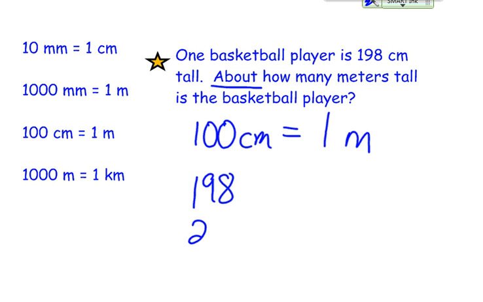So we can make that about 200 centimeters. And so 200 centimeters would be about how many meters? It would be about 2 meters. Since 100 equals 1, 200 must equal about 2. And so we have that example.